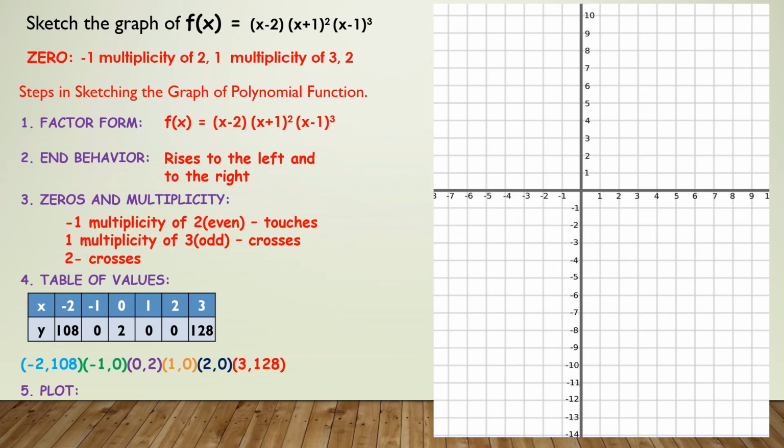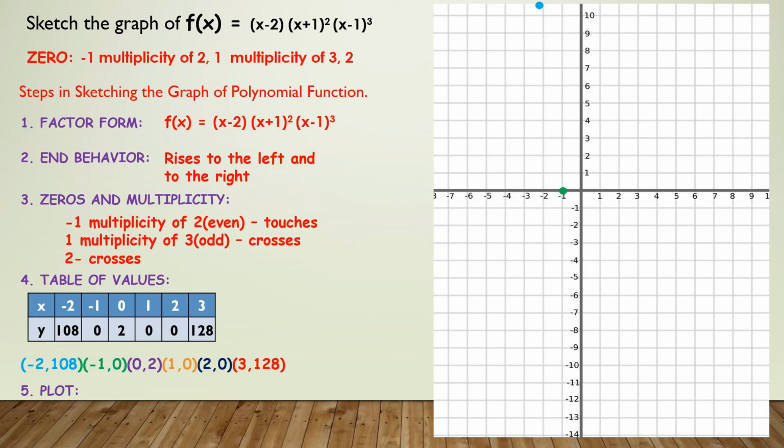All we have to do now is to plot the points, then connect the points with a smooth continuous curve. First we have (-2, 108). Since we only have a small space on this Cartesian plane, we cannot put it here, so we're just going to assume that it is somewhere here.